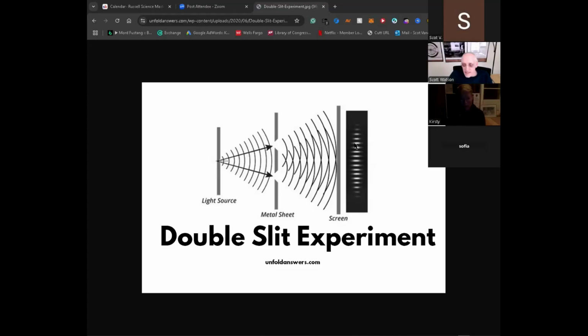And in my opinion, radiation would start here at the light source. Somewhere in between, along this pathway, you see this arrow going through one of the slits and then over to the screen, somewhere in there will be radiation and then gravitation.